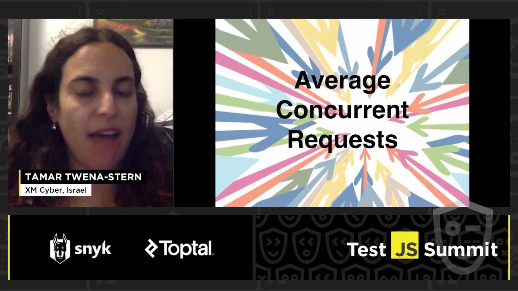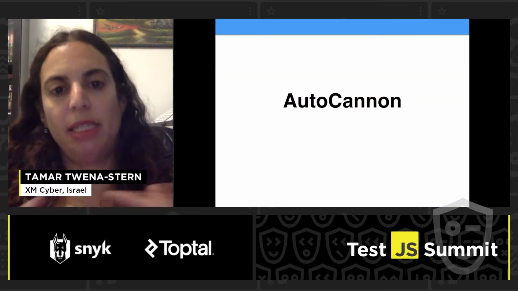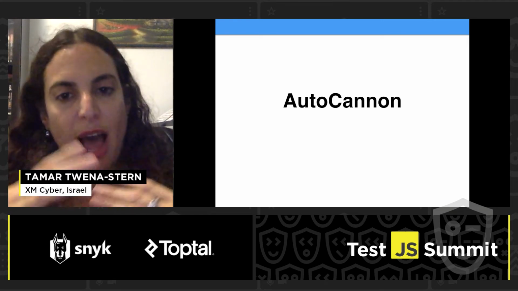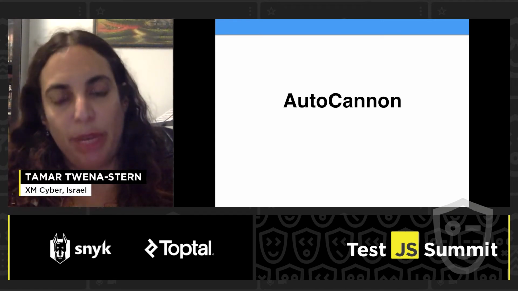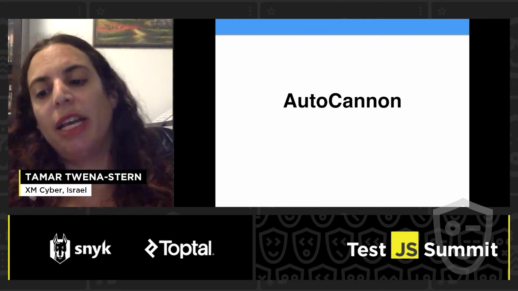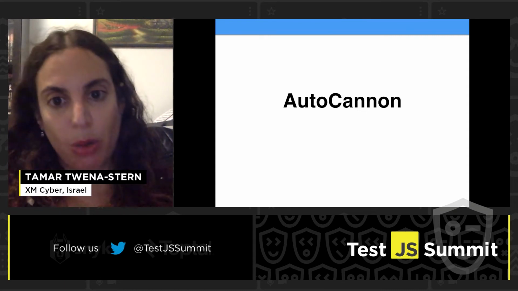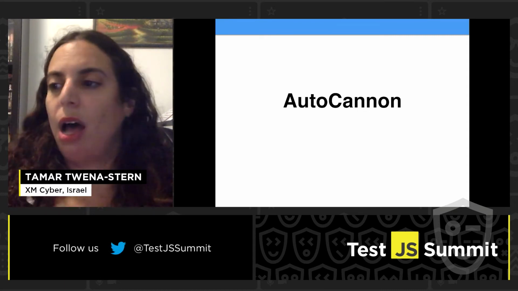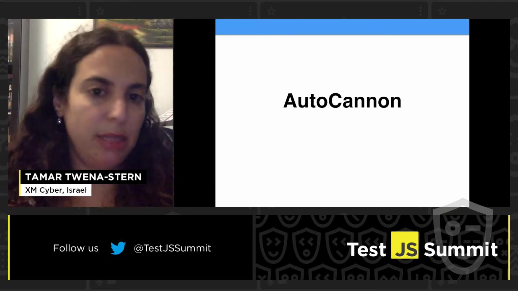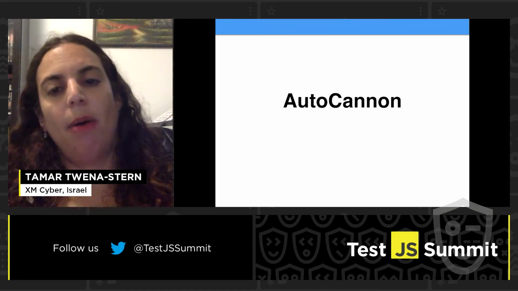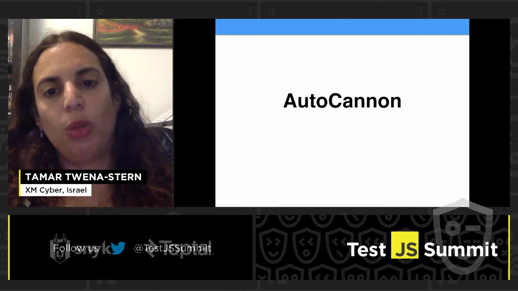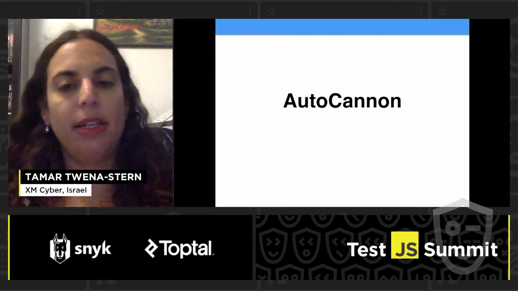All right, so after speaking about all of that, let's speak about Autocannon and how it gets into the picture. You need a tool that can simulate requests, sending a lot of requests simultaneously.